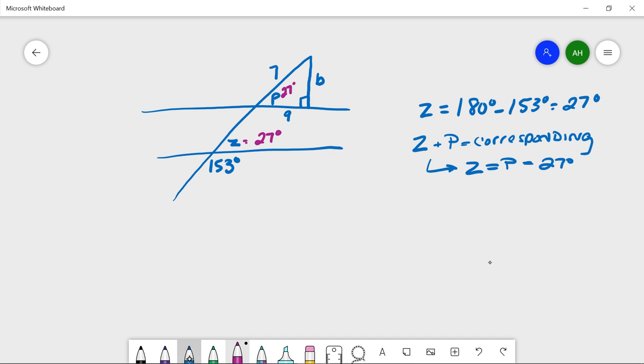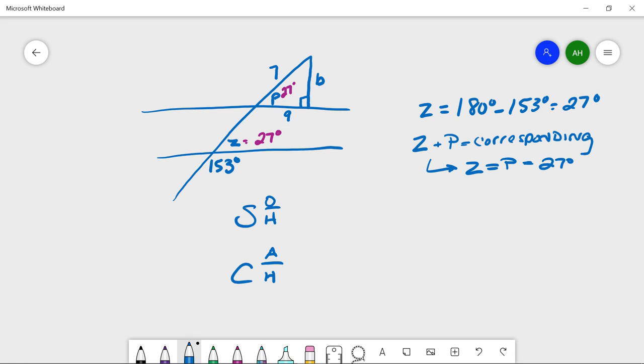All right. So now that I know P is 27 degrees, I can use sine and cosine specifically, to be able to solve for A and B. Okay. So my sine, remember, is the opposite over the hypotenuse, and my cosine is the adjacent over the hypotenuse.